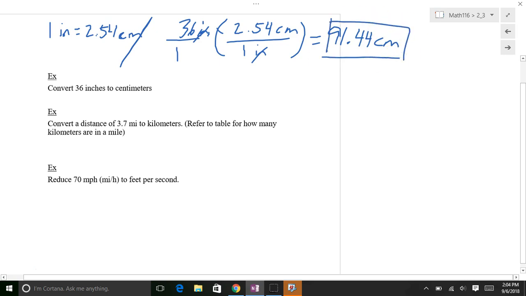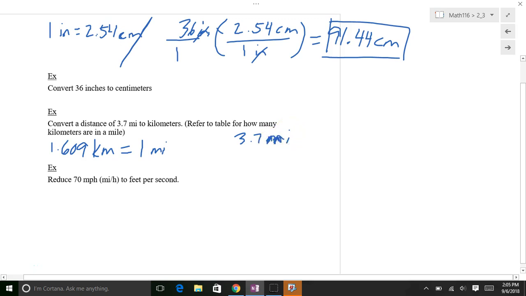Okay, about 3.7 miles to kilometers. For this one, we need to know that there are 1.609 kilometers in a mile. So let's start out. We have 3.7 miles.